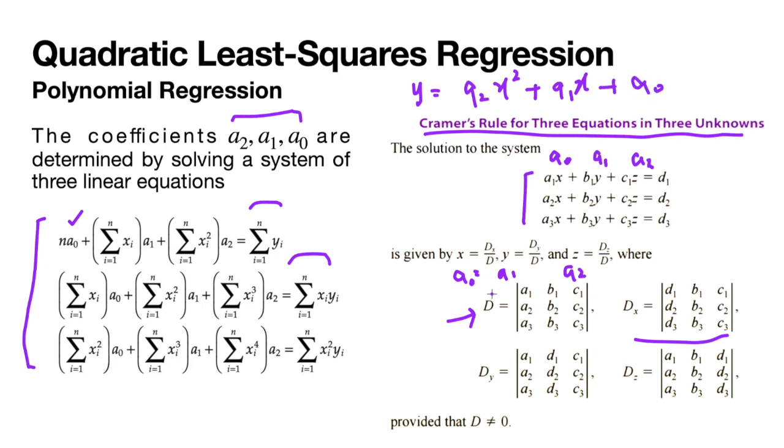So when we put all the a0, a1 and a2 from this method, then we can get the best fit quadratic polynomial, the quadratic least square regression, for the whole data set.